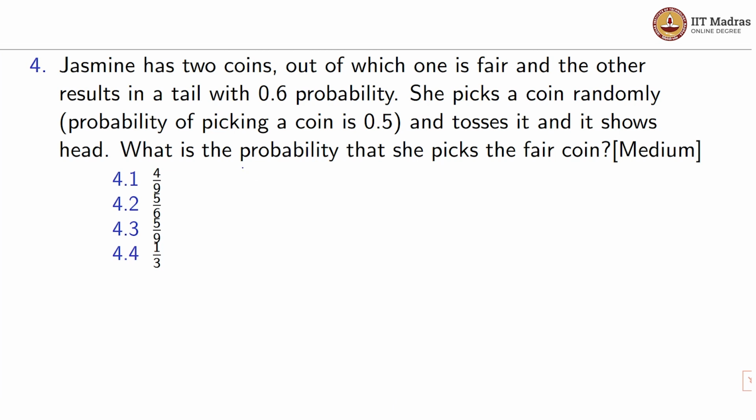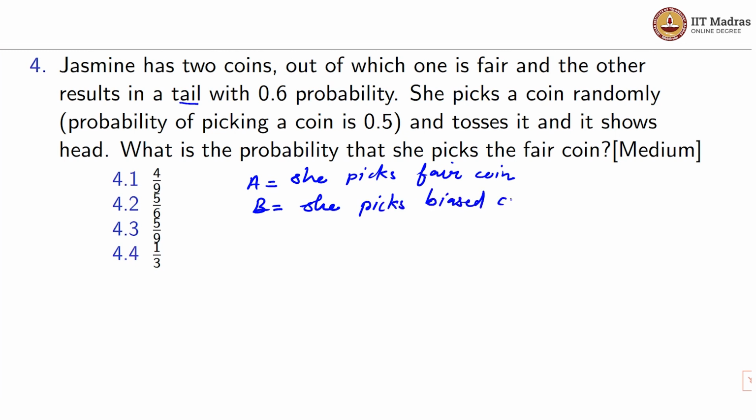So let me define two events A and B such that A I am defining as she picks the fair coin. And let me define B as she picks the biased coin, which has a probability of 0.6 of tail. And another event, let me define as H: the tossed coin shows head.